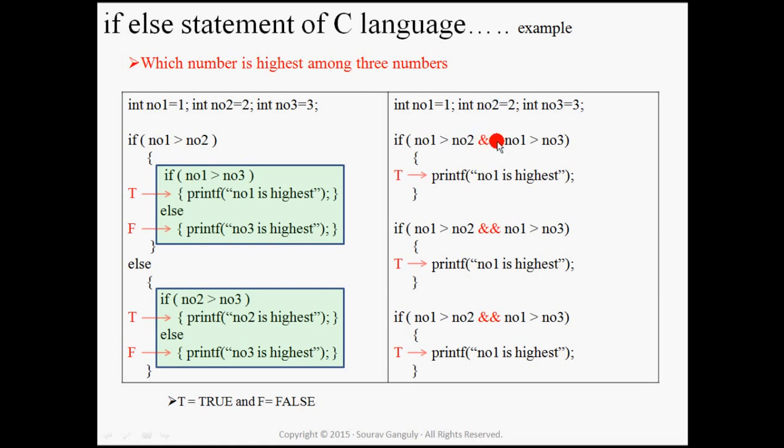This is called the logical AND operation. That means if number 1 is greater than number 2 and number 1 is greater than number 3, both must return true. Then you will get this output that number 1 is the highest number.